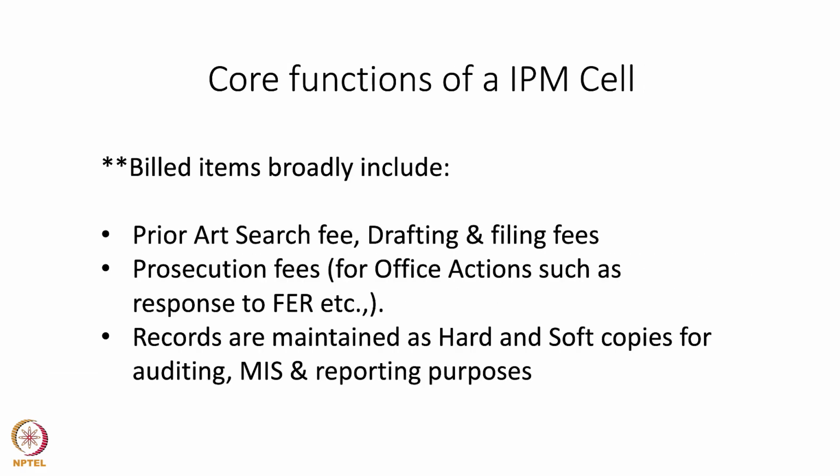The billed amount could broadly include the fee for prior art search, drafting and filing fees, prosecution fees, which is what we call office action, when an FER is raised. Filing a reply to the FER would be different. Records are maintained as hard and soft copies for auditing, management information system and reporting purposes.